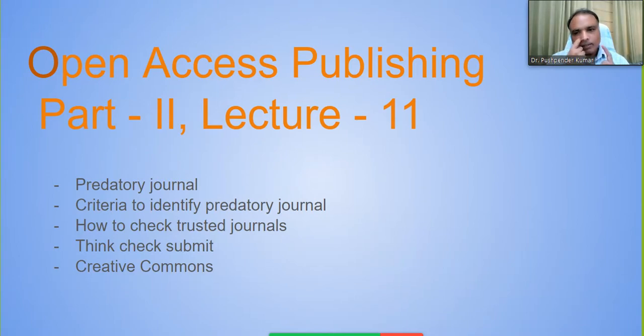We will discuss one website, called Think, Check and Submit. When you open this website, it will guide you on how to check a journal and how you can see that this journal is a reliable journal.